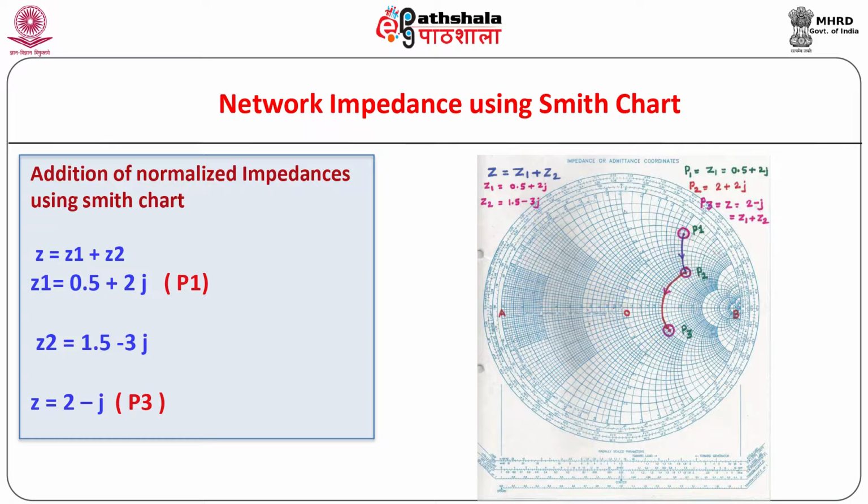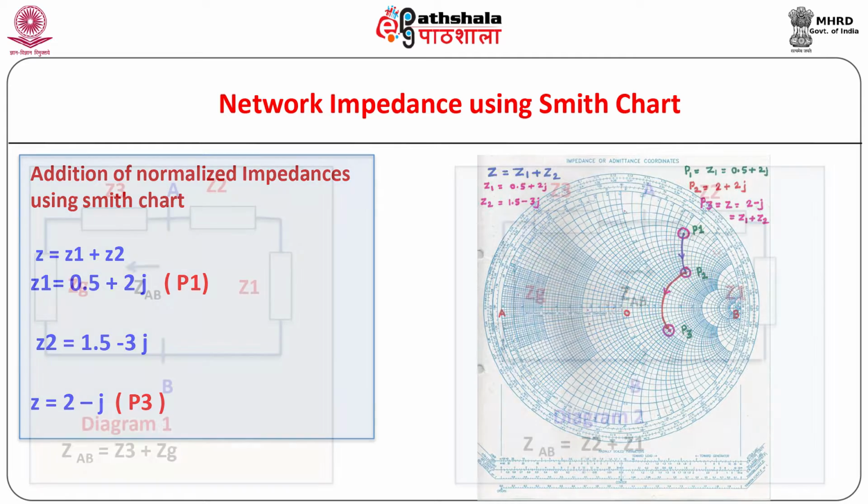Thus, finally, we have P3 is equal to 2 minus j, which is the required Z. This approach is generally not recommended because the value of R and X in Z can be calculated easily as R is equal to R1 plus R2 and X is equal to X1 plus X2. The corresponding point representing Z can also be plotted on the Smith chart directly.